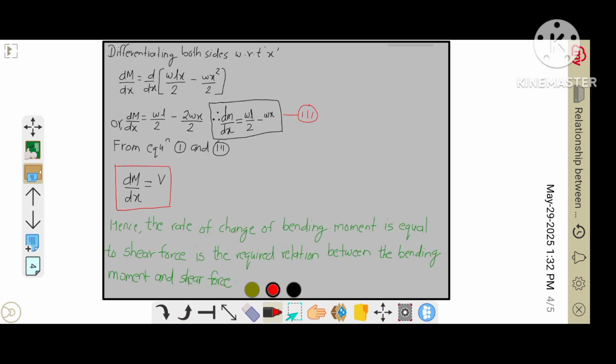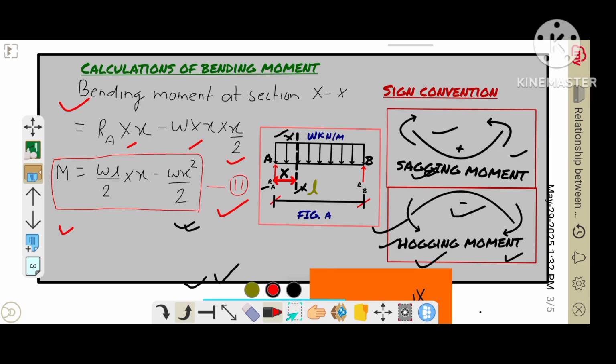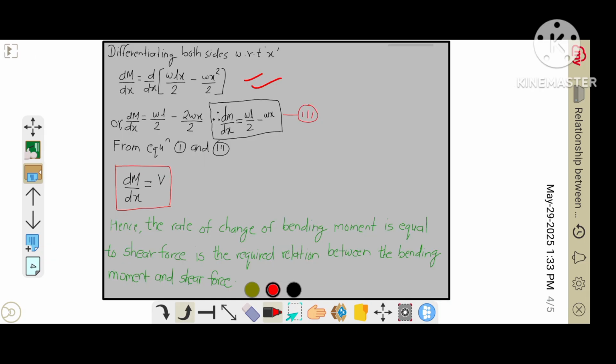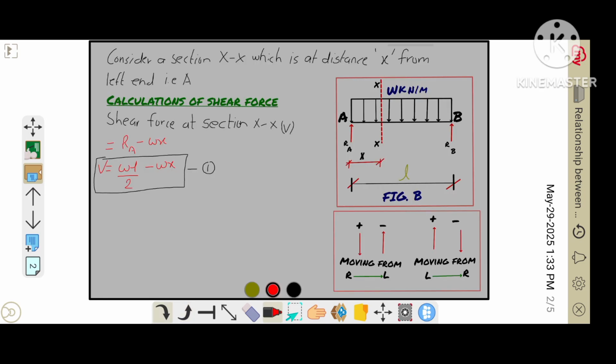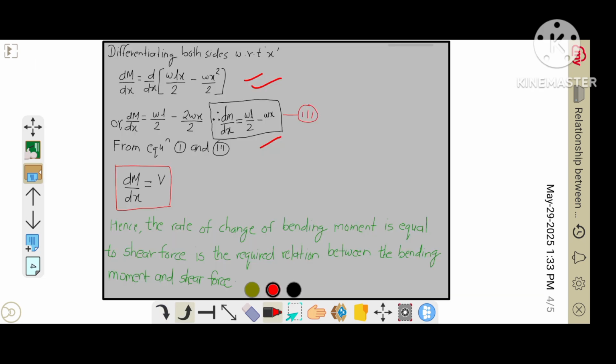Now differentiating both sides with respect to x, on differentiating we get the first derivative of bending moment as W times L divided by 2 minus W times x. Let this be equation third. So here in equation first, we see that V is equal to WL by 2 minus W times x, where V is the shear force, and in equation third, we can see that dM by dx is equal to WL by 2 minus W times x.